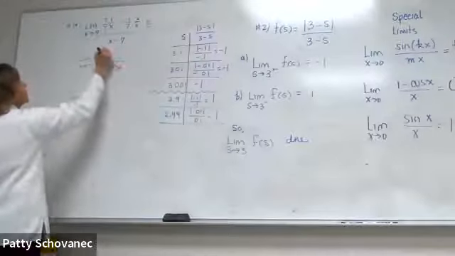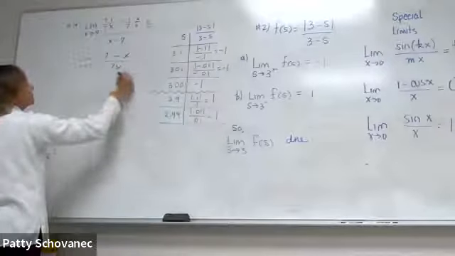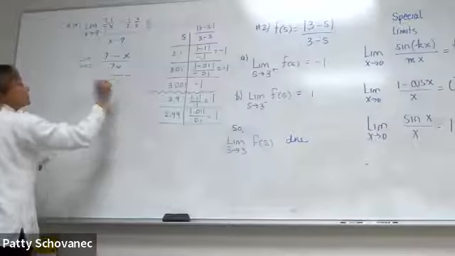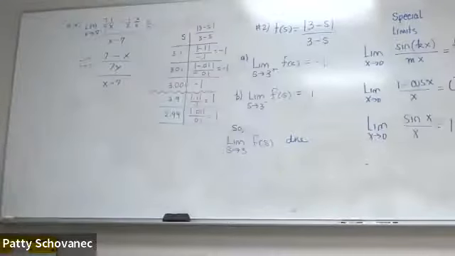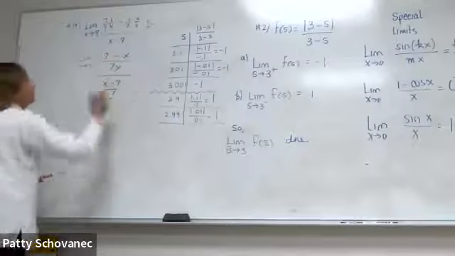The first fraction has a 7 here. The second one has an x there. Now I'm going to flip and multiply. Treat that as x minus 7 over 1. Flip it over.